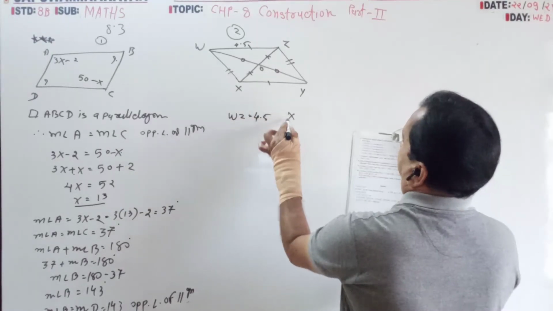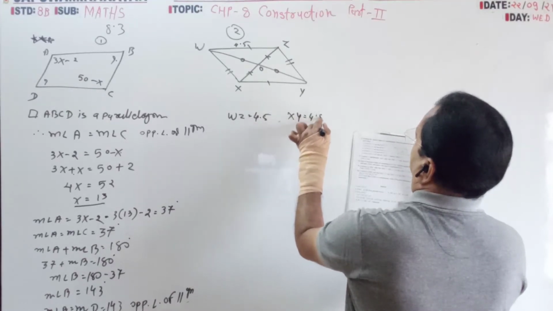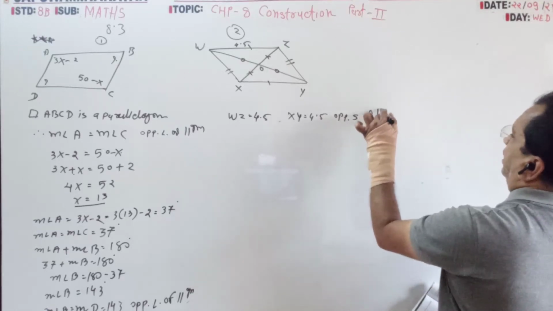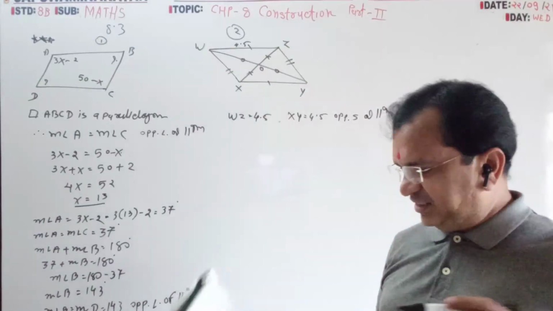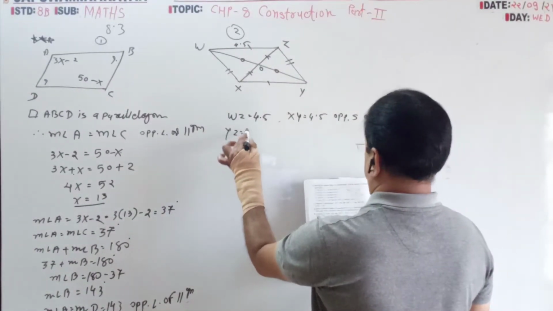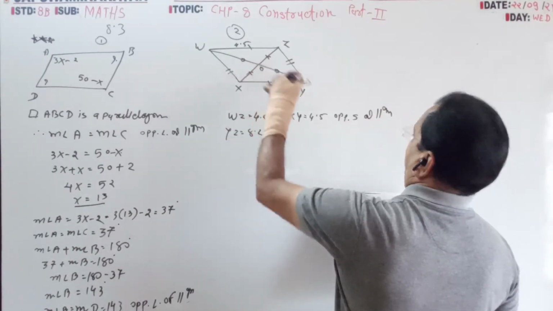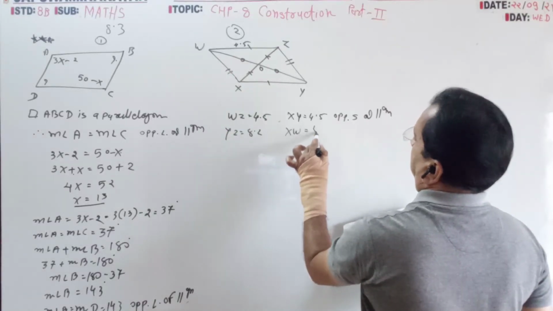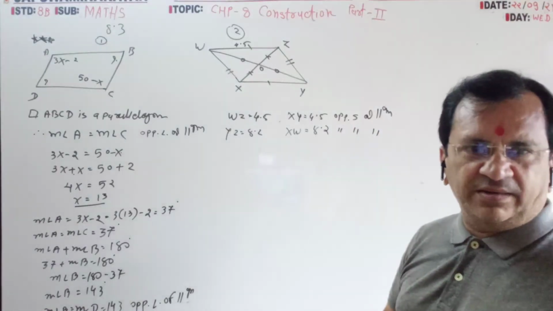So XY is equal to 4.5, opposite sides of a parallelogram. If this is 4.5, this is 4.5. With a reason you have to write. Only just question answer. YZ. So XW, that is also 8.2. Opposite sides of a parallelogram.